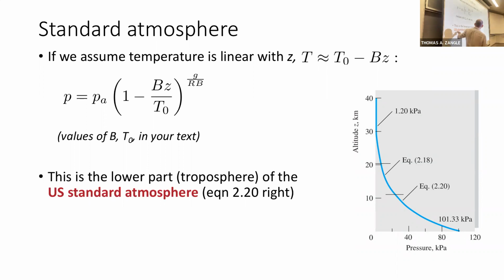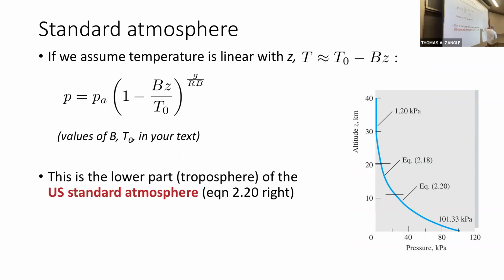And the US standard atmosphere is plotted here. It comes from a set of different assumptions about how temperature changes with altitude, basically some curve fit to typical measurements, where the lower part, the part near the ground, is given by this equation.